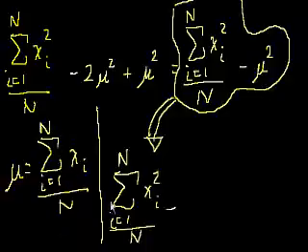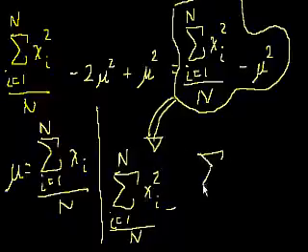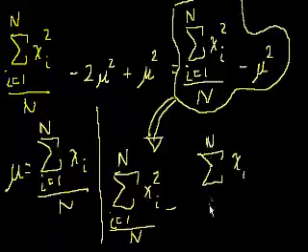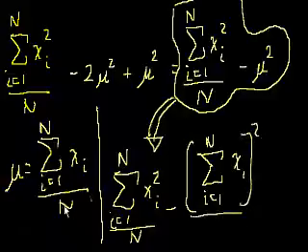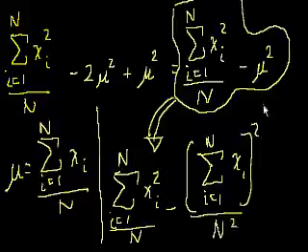So this thing squared is, let's see, x sub i, take the sum up to n, i equals 1. You're going to square this thing, and then you're going to divide it by n squared, right?